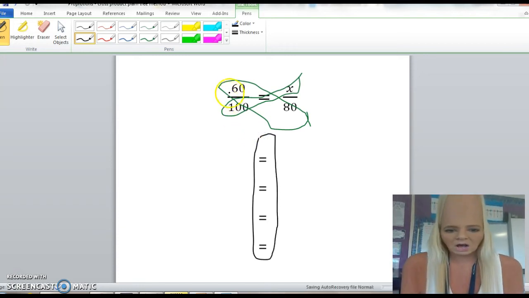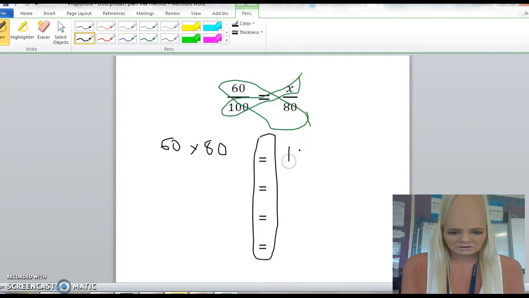Now, to solve, you're going to multiply diagonally. So I'm going to multiply 60 times 80. Bear with me on the handwriting again. And then 100 times x. And 100 times x, or anything times x, is just, in this case, 100x.